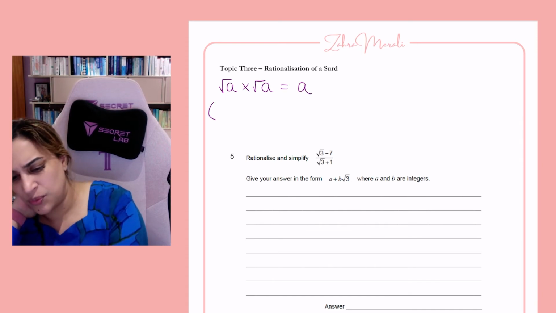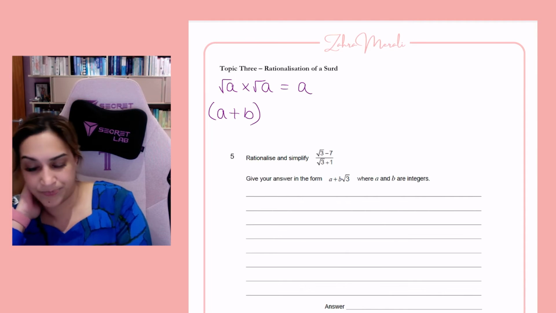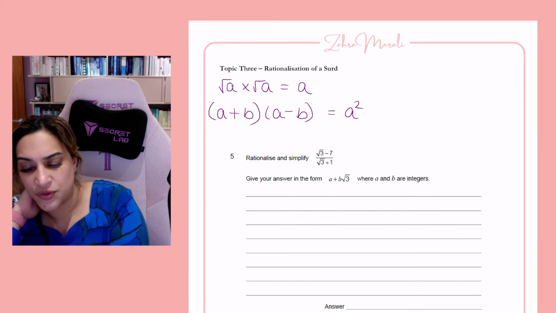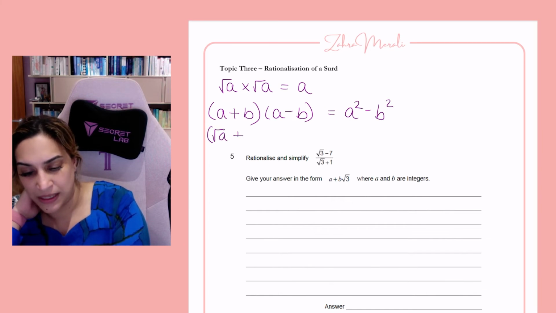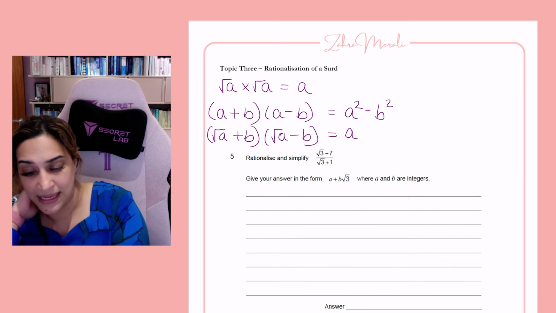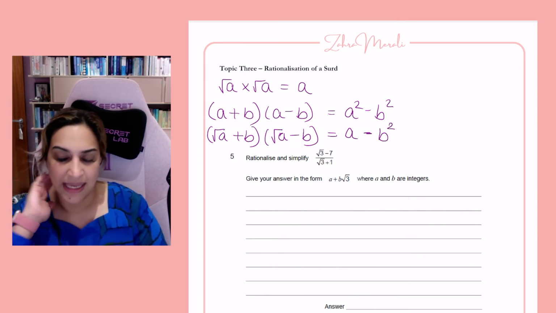However, if we have more than one thing underneath, we need to use the difference of two squares. For example, if we've got root a plus b, we need to multiply it by root a minus b. What that will do is square the first number, which in this case would be a, always a, minus the second value squared.